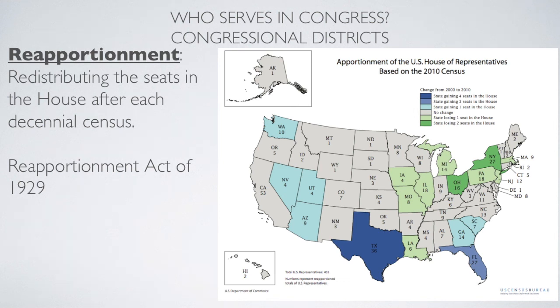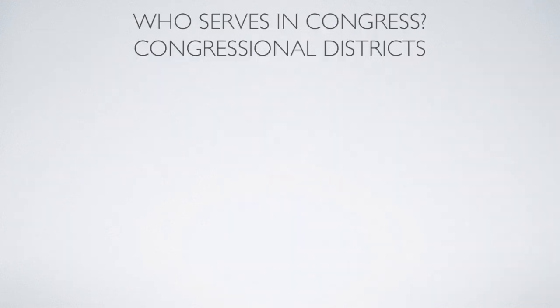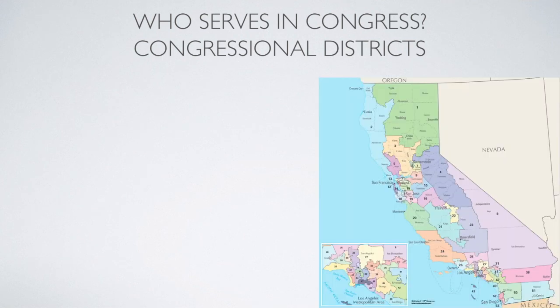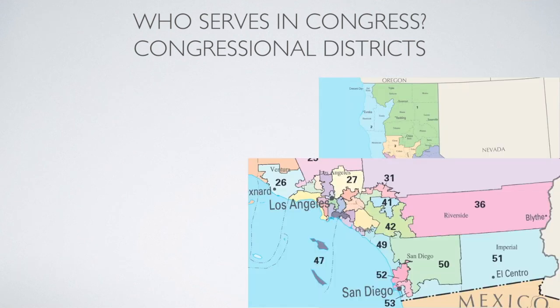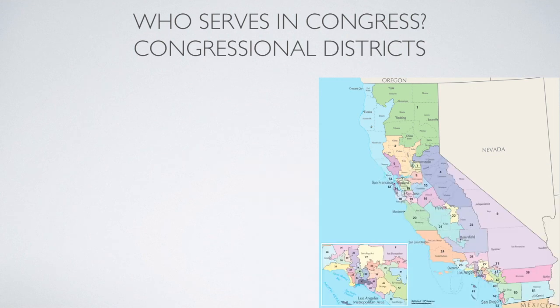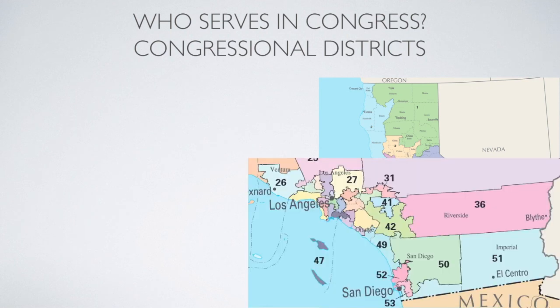Who serves in Congress? Congressional districts. As you can see right here, we have different districts in California, over 50 there. The 53rd district is down there in downtown San Diego. East County San Diego is the 50th district, as you can see there. A little bit closer, you can see those different districts.